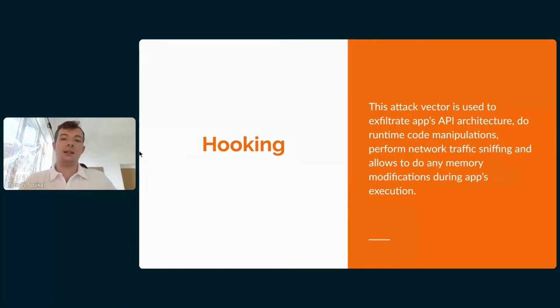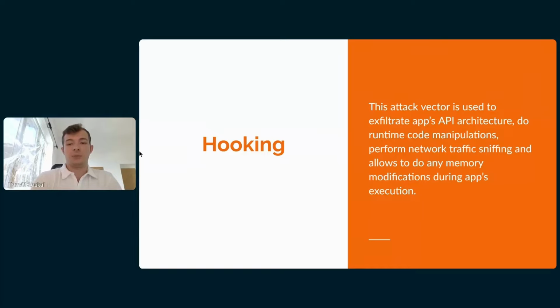Okay, and now I'm going to turn to the second threat model, and that's hooking. This attack vector is used to get insights into the API's architecture of the application, like backend architecture, and to manipulate the code during runtime. It's really similar to debugging.